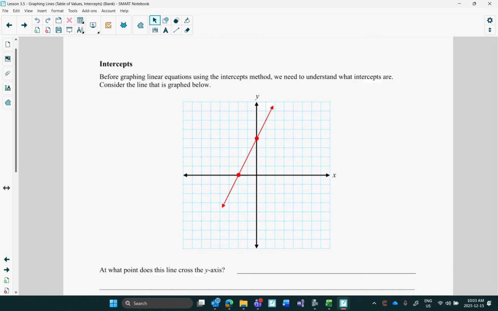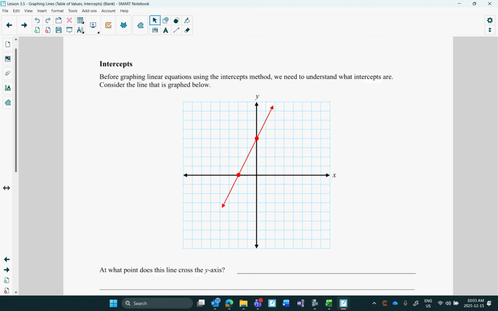At the beginning of this lesson, there were 3 ways we could graph lines. One was the review from last year that we just talked about, using a table of values. There's another method that is nice because you never have to worry about solving for y. You can find a couple of points without changing the equation.